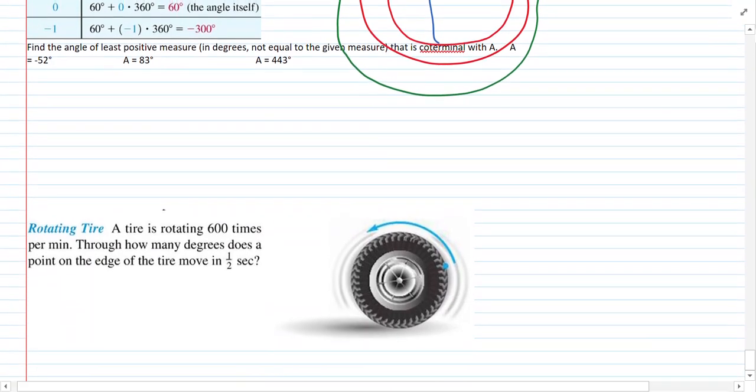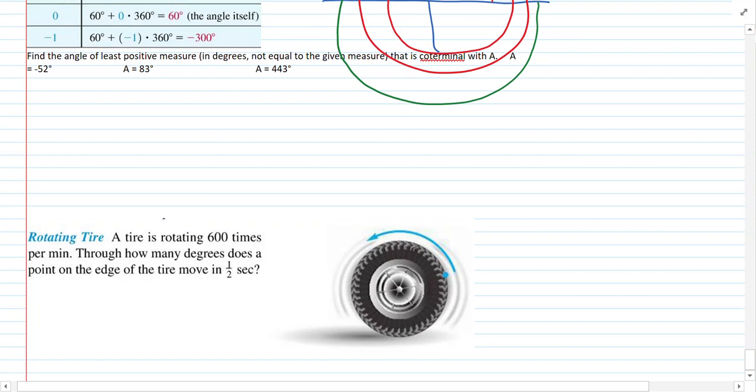Now, we're given this example. Find the angle of the least positive measure, not equal to the given measure, that is coterminal with it. That means that we're not going in the reverse angle. So we have, in this case, let's just make an approximation, it's a negative 52 right here.